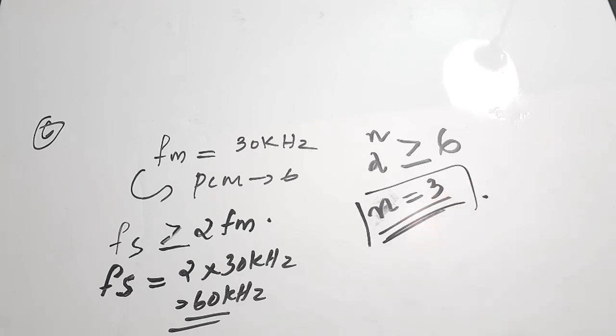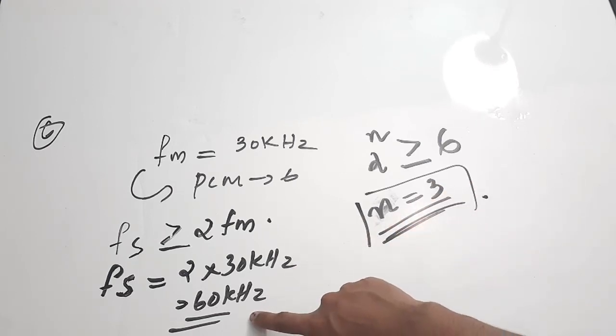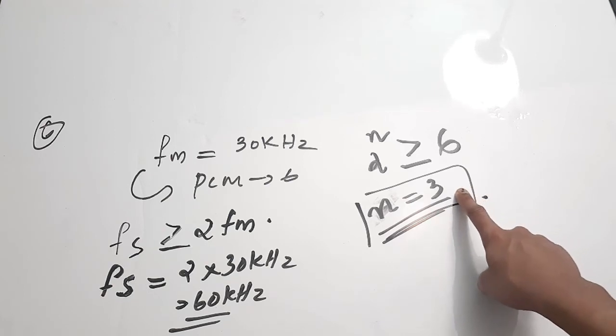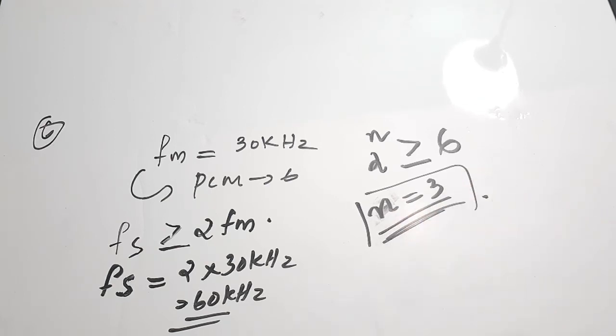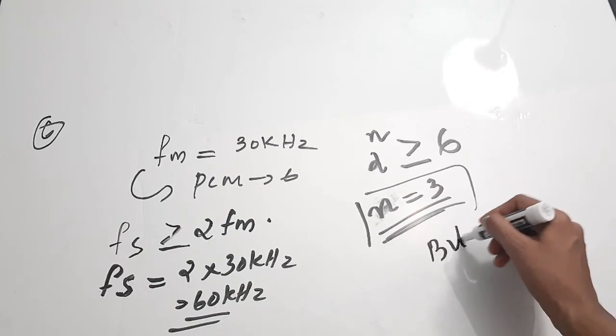So, we have the sampling rate as 60 kilohertz and the number of bits as 3. Now, what is the total bit rate?